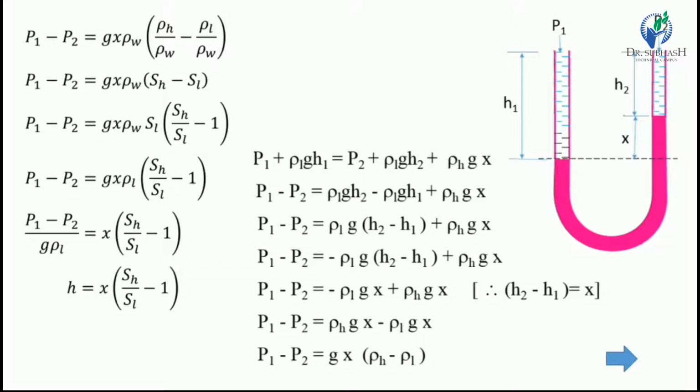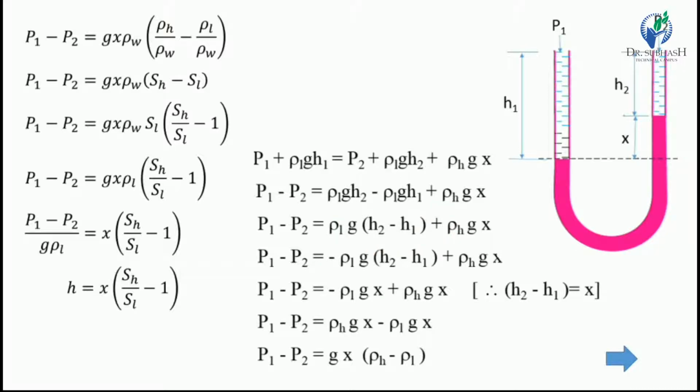Now we have to find the pressure difference, so we convert the equation to P1 minus P2, with the remaining terms on the right side. Now rho 1 g is taken common, so in the bracket only h2 minus h1 remains. Now multiply with the minus sign in this element.